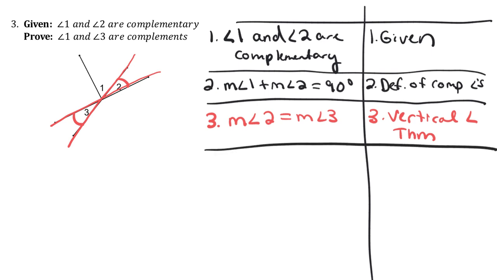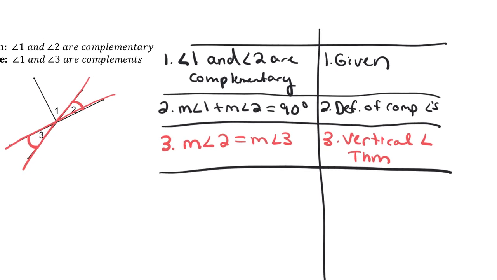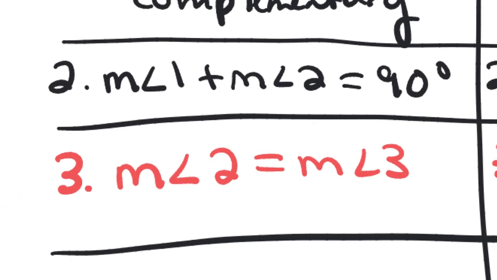So now that I know that 2 and 3 are going to be equal to each other, I can again look at my proof. I'm zooming in again, and I want you to notice that they both have angle 2 in them. Now this is not transitive property like we did before. This is instead substitution, because we're going to replace angle 2 with angle 3.